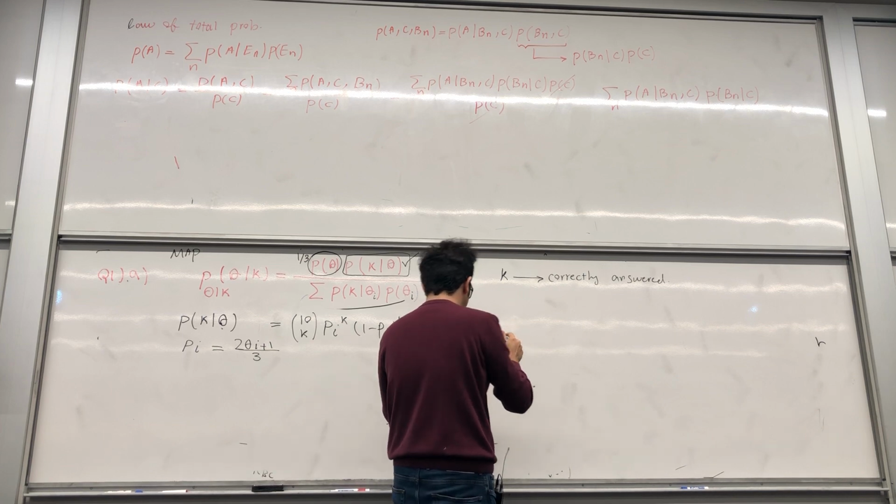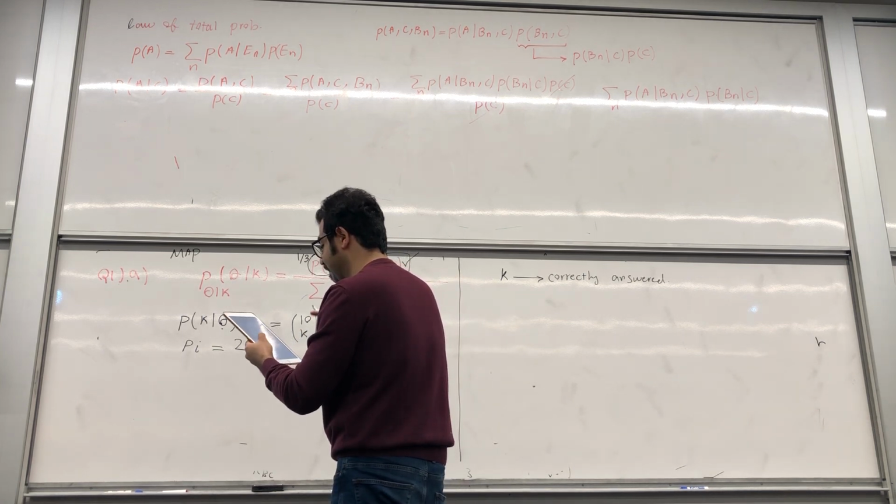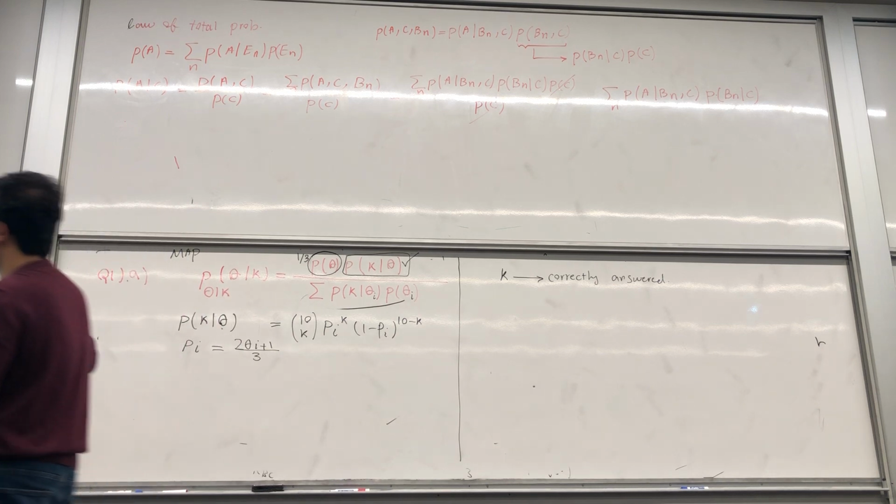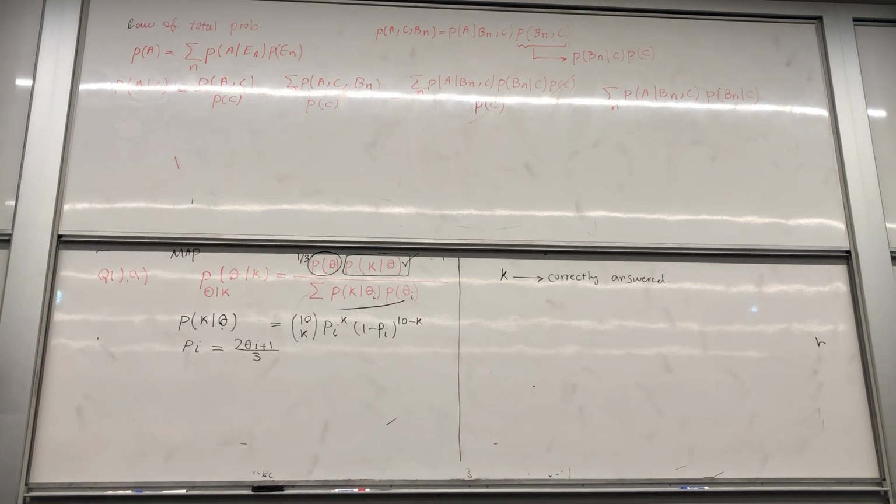So it's a binomial distribution, because M out of K ones should be known by the student.